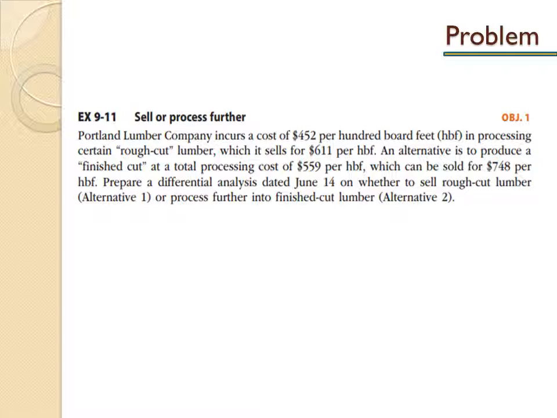An alternative is to produce a finished cut at a total processing cost of $559 per 100 board feet, which can be sold for $748 per 100 board feet. So, prepare a differential analysis dated June 14 on whether to sell rough cut lumber or process further into a finished cut lumber.